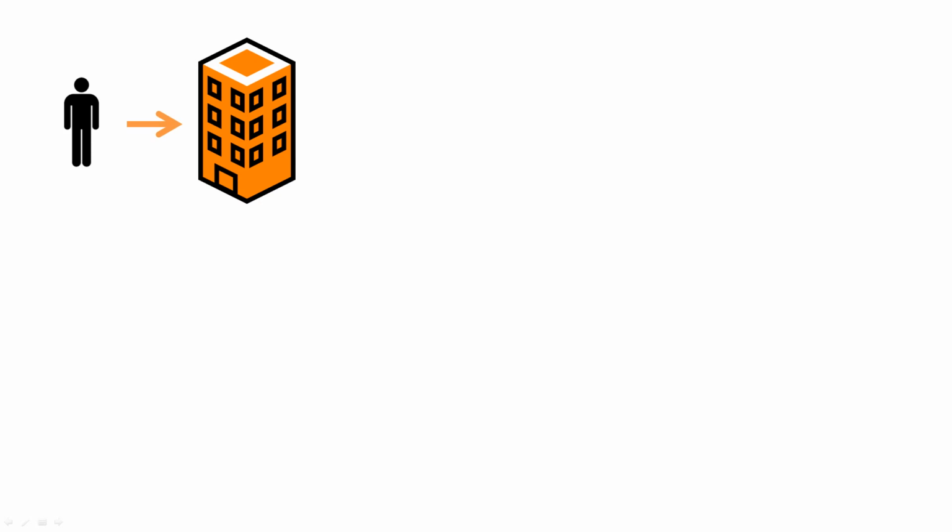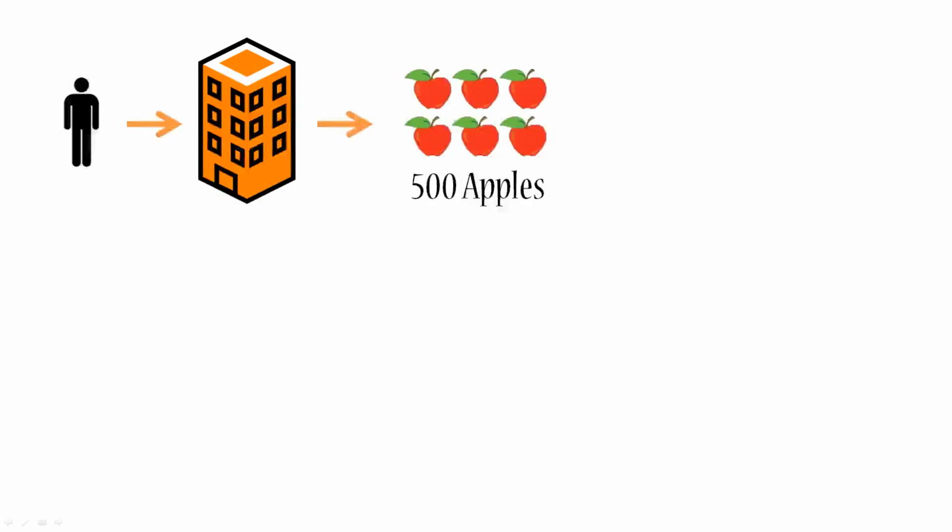So you as a trader approach your broker and you borrow apples from your broker. So let's say, for instance, you borrowed 500 apples. The amount of apples you can borrow is underpinned by the actual amount of money you have on your account, because you have to guarantee that you will return these apples no matter what.